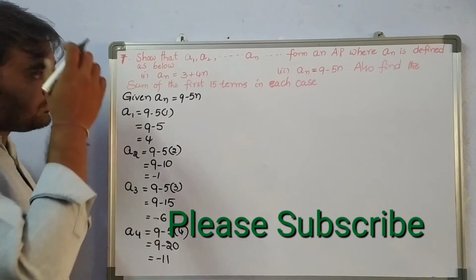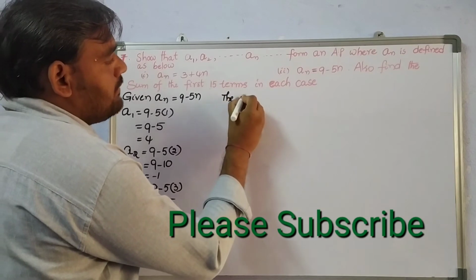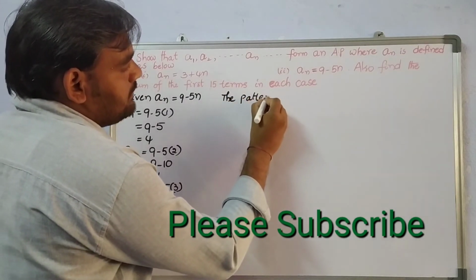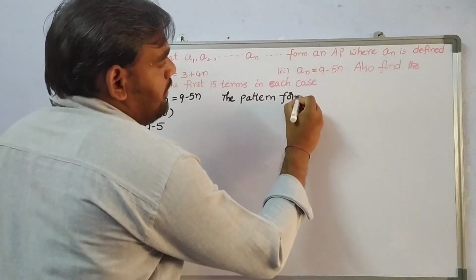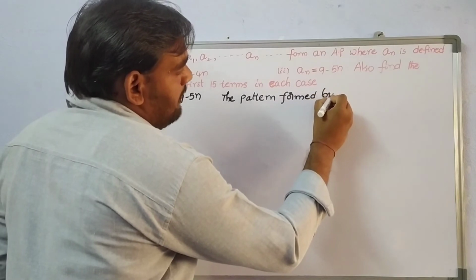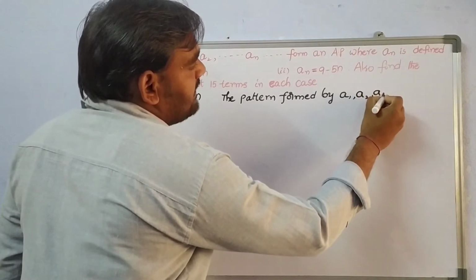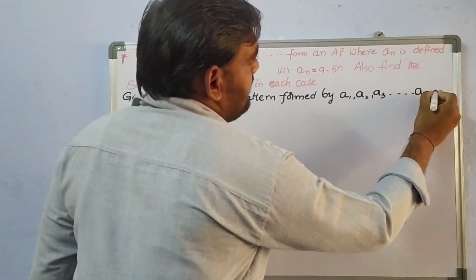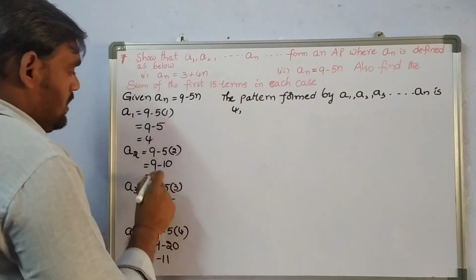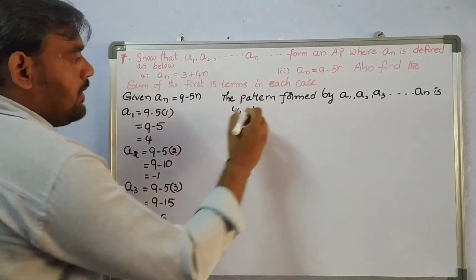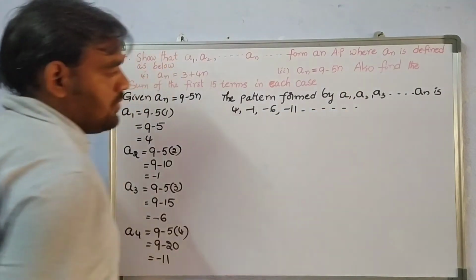Isn't it? So the pattern formed by A1, A2, A3 and so on, An is 4, minus 1, minus 6, minus 11 and so on.